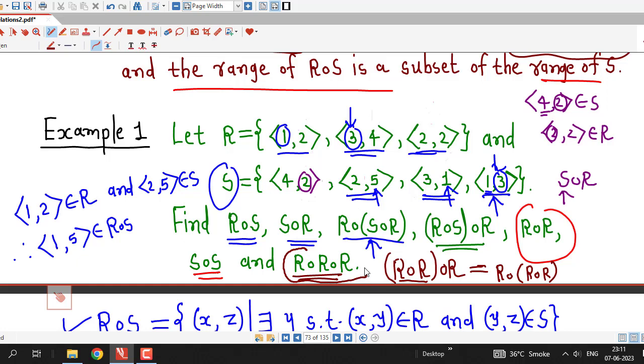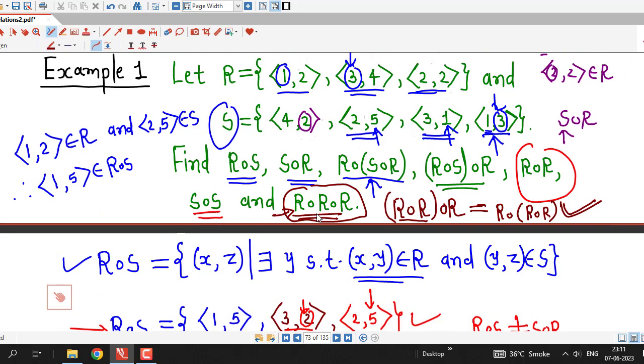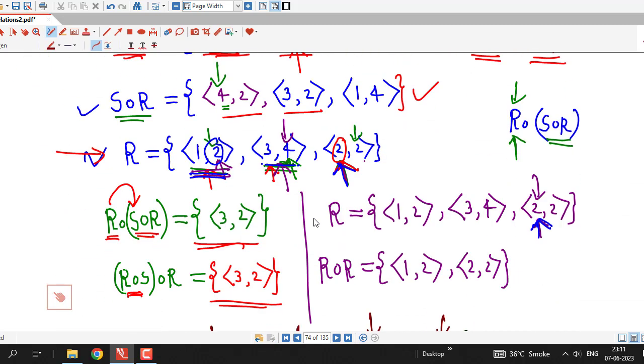They have not used brackets here because we have R three times. So (R composite R) composite R equals R composite (R composite R). Using the associative property, we can use this notation for composition of R with itself 3 times or 2 times.